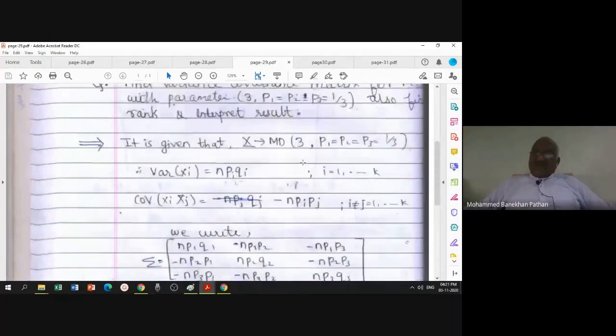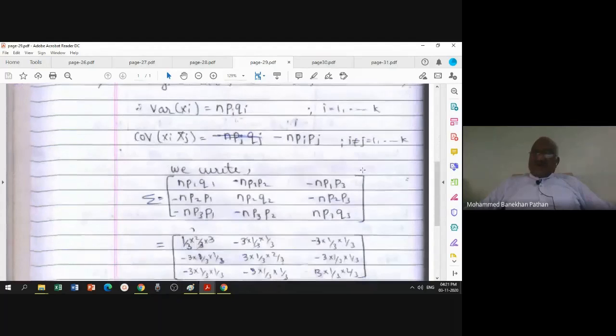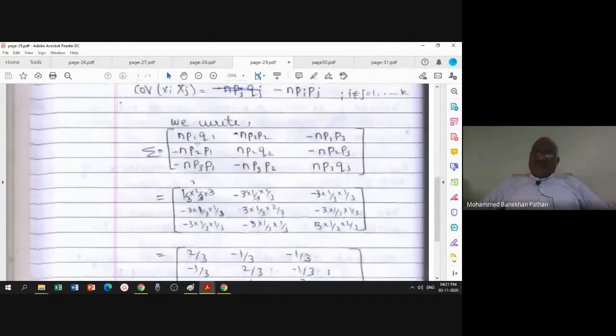Now your problem says p1, p2, p3 is 1 by 3. So if p1 is 1 by 3, q1 will be 2 by 3 because it is 1 minus p1. So I put the values here. N is 3, p1 is 1 by 3, q1 is 2 by 3.